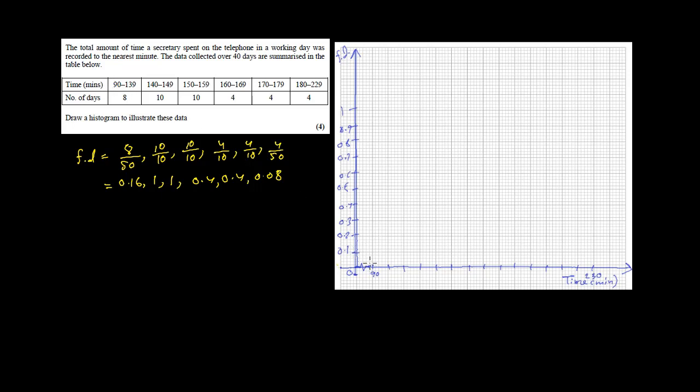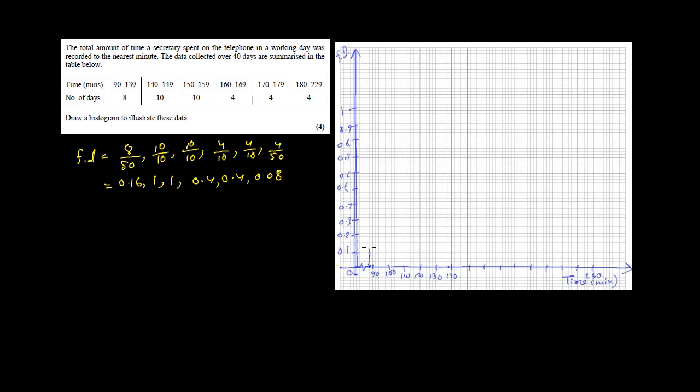So before 90, this is 90.5, and 139.5 is going to be 90, 100, 110, 120, 130, 140. So this is going to be pretty big. So 139.5 is going to be near to 140. It doesn't have to be that accurate. And the height is going to be 0.16. So this is 0.1 and this is 0.2. So 0.16 is going to be around here.